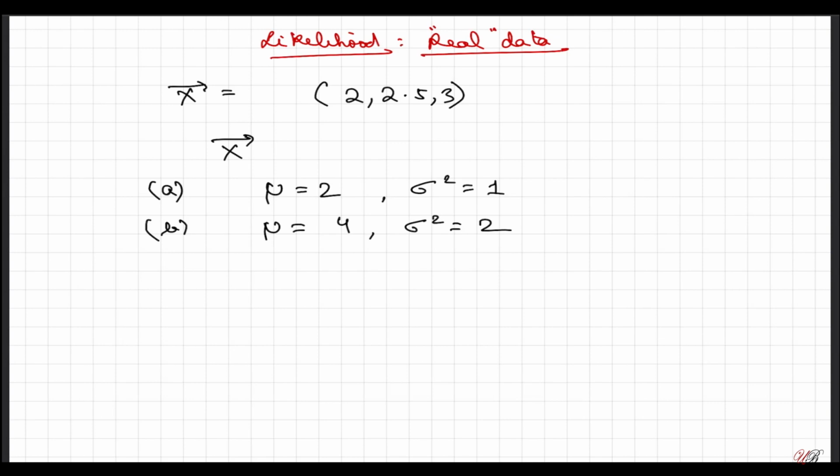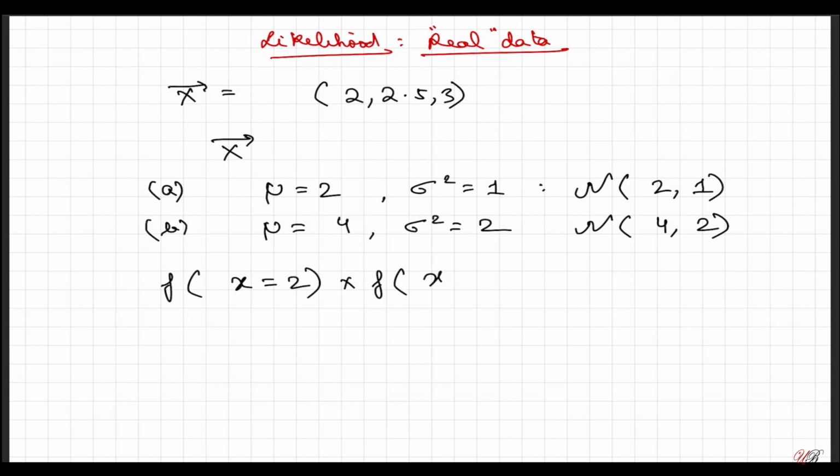And in the second case, let us say that our observations are coming from a normal distribution with mean equal to 2 and variance equal to 1, and in the second case it is coming from a normal distribution with mean equal to 4 and variance equal to 2, and we want to compute the respective likelihoods. So here again, going by the assumption of IID, we can say that f of x equal to 2, if x is our random variable, times f of x equal to 2.5 times f of x equal to 3.